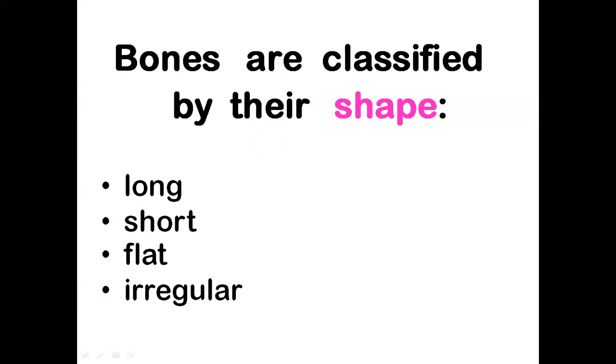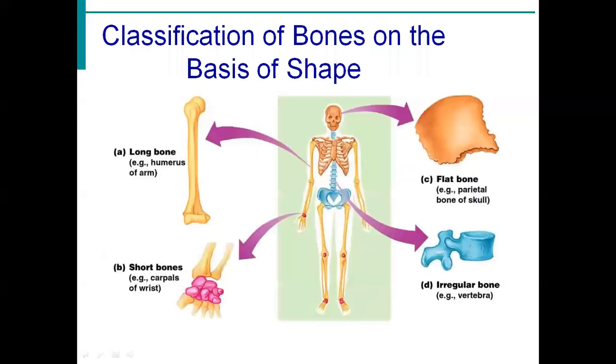Depending on the shape, bones are four types: long bones, short bones, flat bones, and irregular bones. On the basis of the shape, these bones are located at different areas.